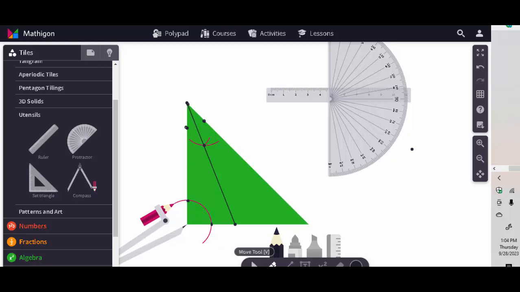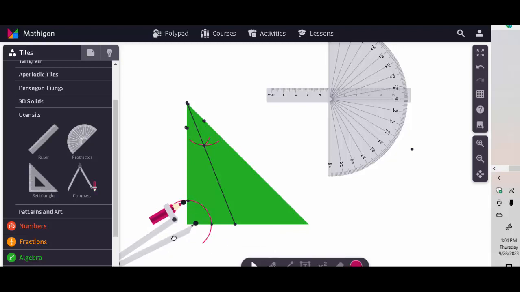And those mark the spots where we are going to place the compass to make the second arc. So put the pointed part of your compass on one of those points and draw another arc. Remember, we're not opening or closing it anymore. And now put it on the point where the arc met the other side of your triangle, and draw your next arc on that side.